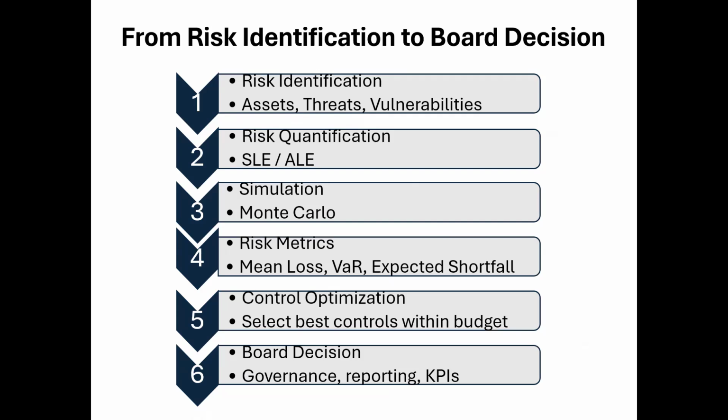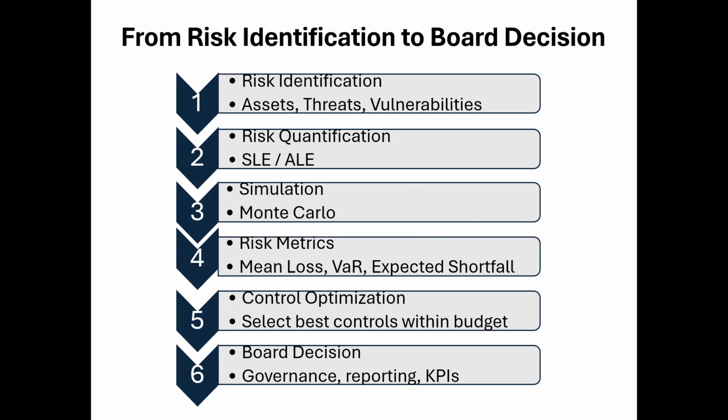We take a look at the assets, the threats they're exposed to, their vulnerabilities, and then we quantify the risk. It can be a single measure, single loss expectancy or annualized loss expectancy. Then it can be simulated. You can come up with a distribution of several losses, which is very good compared to just one value.